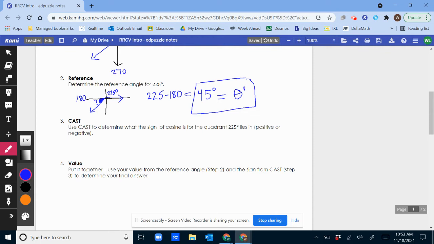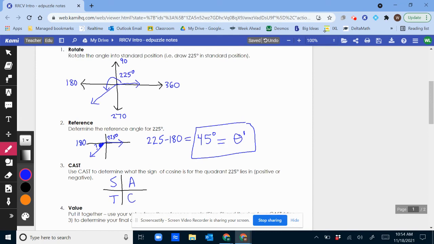C stands for cast. The acronym that I use is all students take calculus because that's in quadrant order. What you're doing in this step, the C part of RRCV, is deciding whether the value will be positive or negative, and it's based on the quadrant the angle lies in.